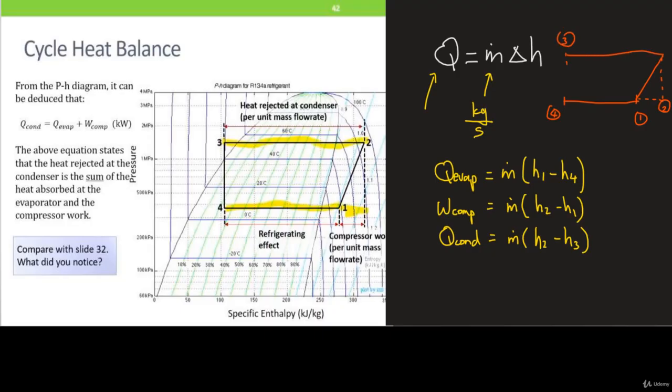It's the equal length. Between 2 and 3 is equal to between 4 and 1 plus 1 to 2.